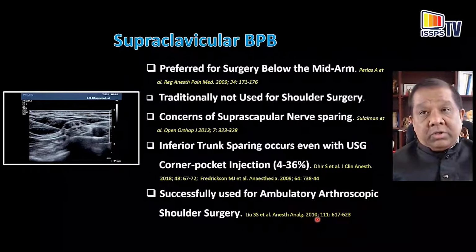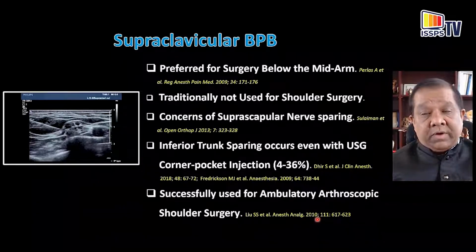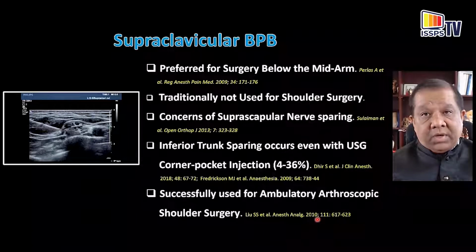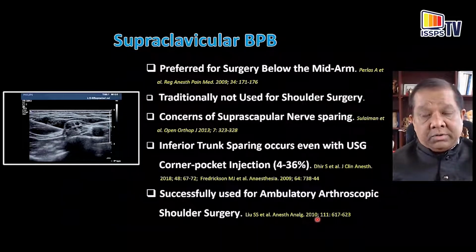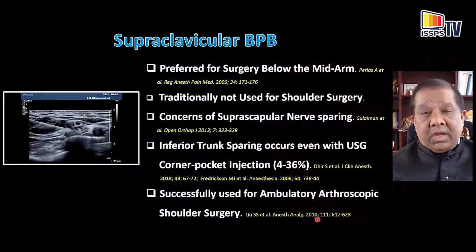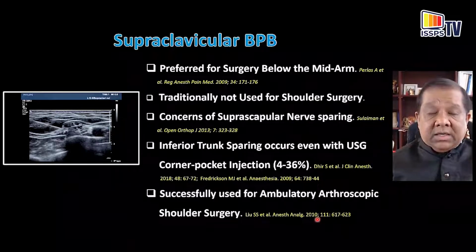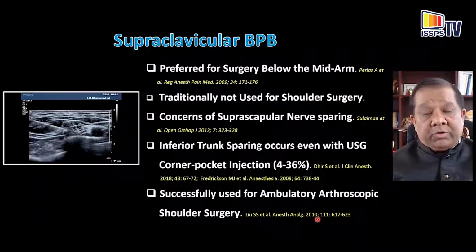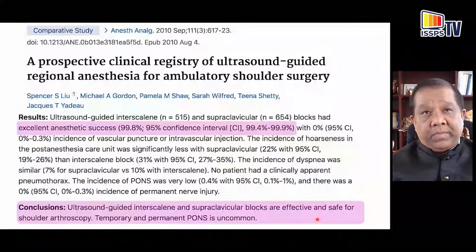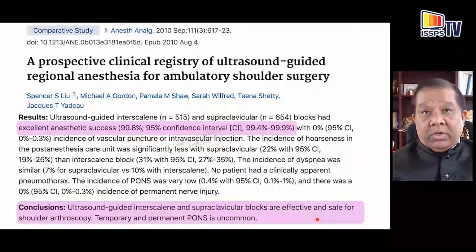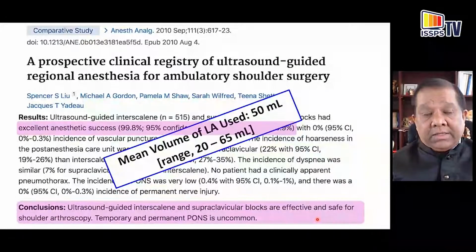Inferior trunk sparing also occurs in as high as 30 to 35% of individuals, even with the corner pocket injection that has been described. Nevertheless, it has been successfully used for ambulatory arthroscopic surgery, albeit with the use of very large volumes of local anesthetic, sometimes up to 65 mils, volumes that are rarely used in modern day regional anesthetic practice.